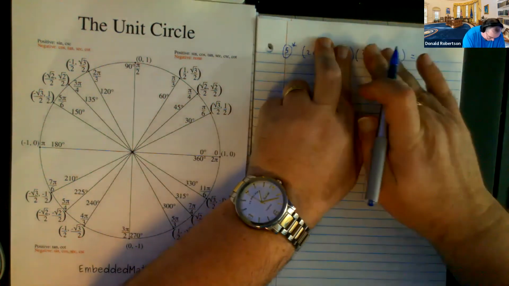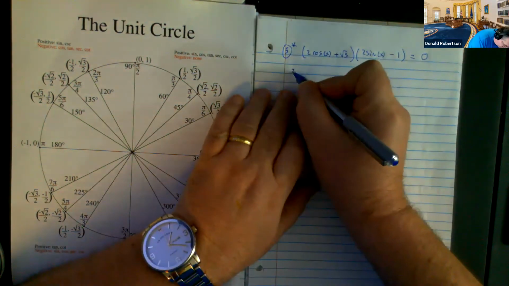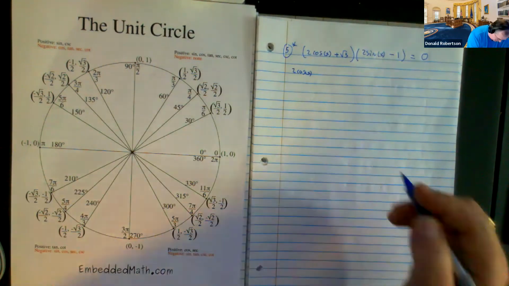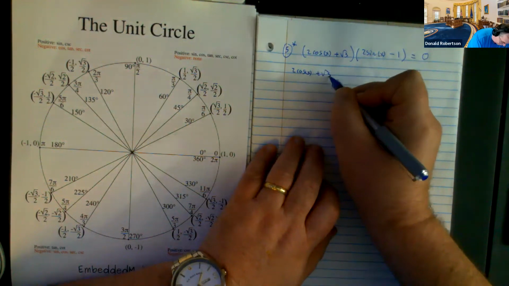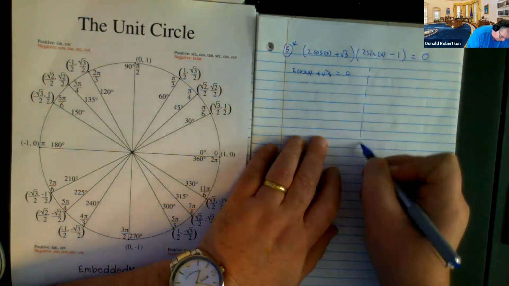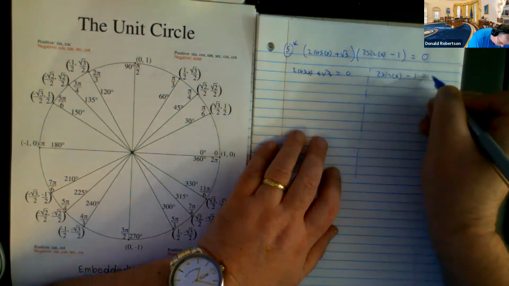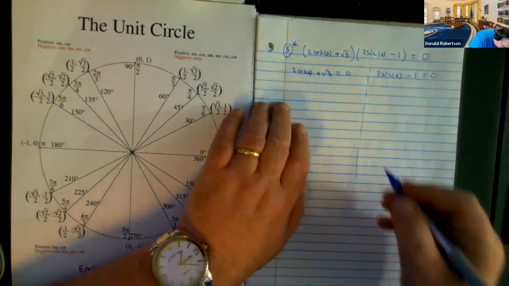A times B equals 0. That means either the first thing is equal to 0, or the second thing is equal to 0.